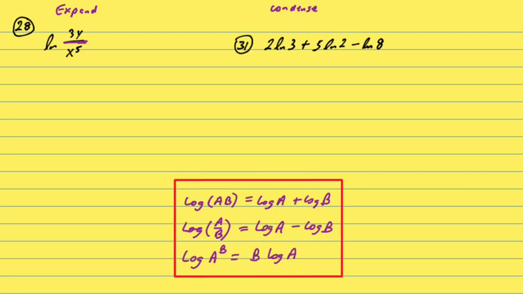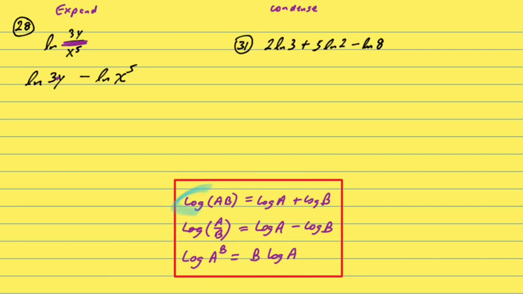I see a division here. So that means I can write it as a log of the top minus the log of the bottom, because the division turns it into the subtraction of two logs. Now, I also see a multiplication between the 3 and the y.